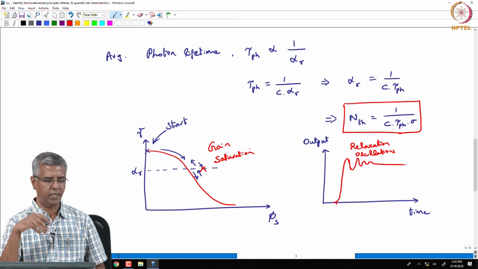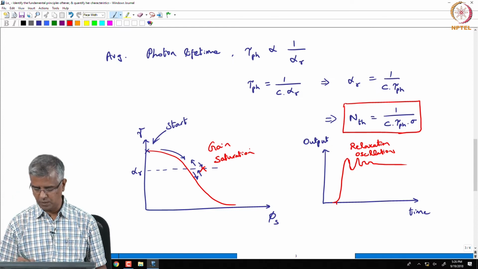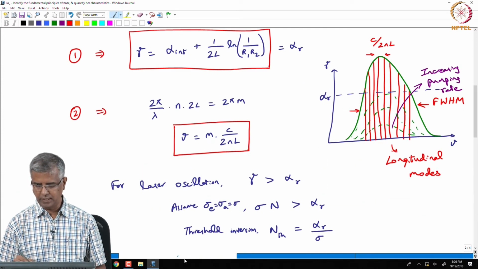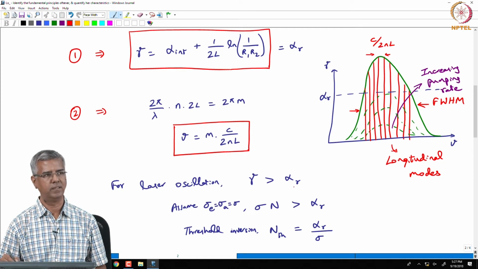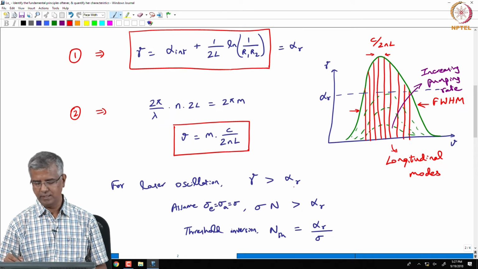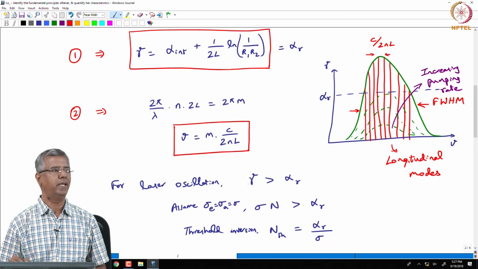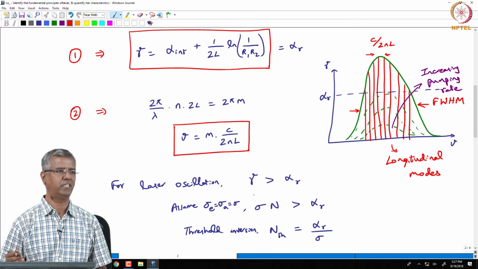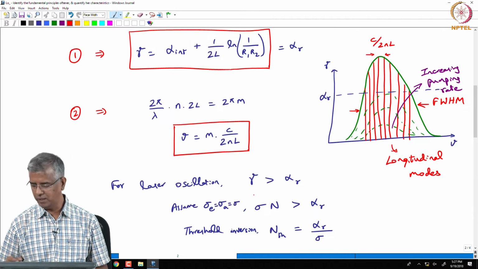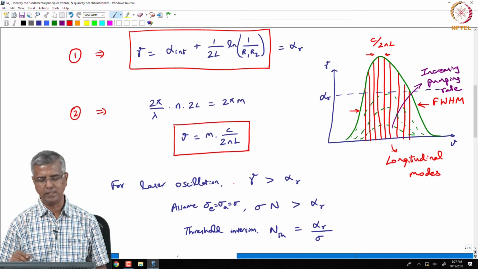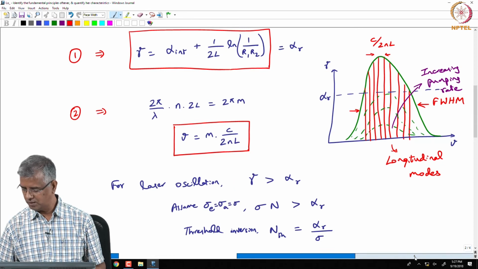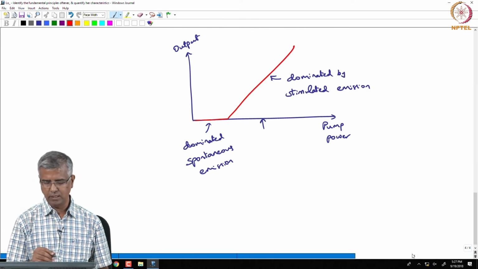When we were talking about gain has to be greater than alpha r, that gain has to now account for the saturation as well. Okay. So, now I need to modify this expression a little bit. So, how do I modify that?